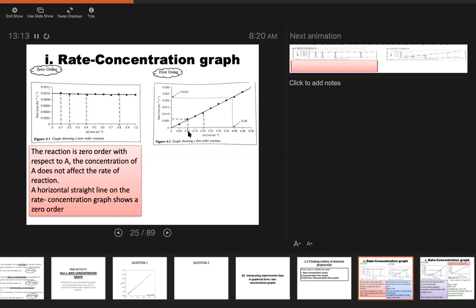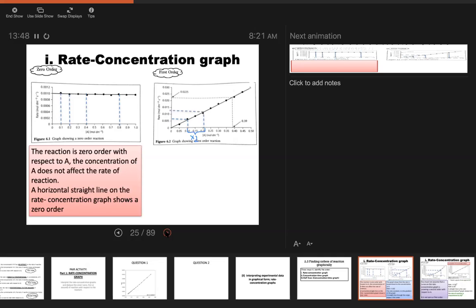You can use triple, you can use quadruple, you can times it by 3, you can times it by 4. It does not matter, but I like to just double it because it's easier to work with times 2. So my concentration on the x-axis, I have increased it by 2-fold from 0.1 to 0.2. Now I'm going to look at the rate. So I'm going to read the rate at 0.2.